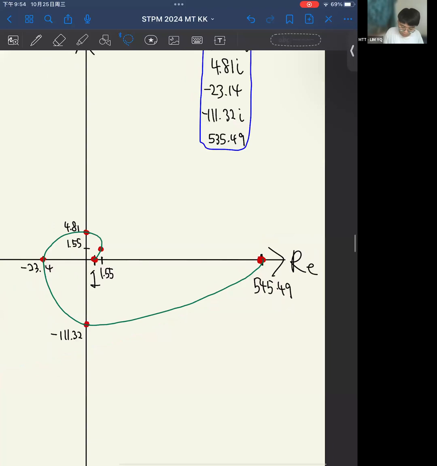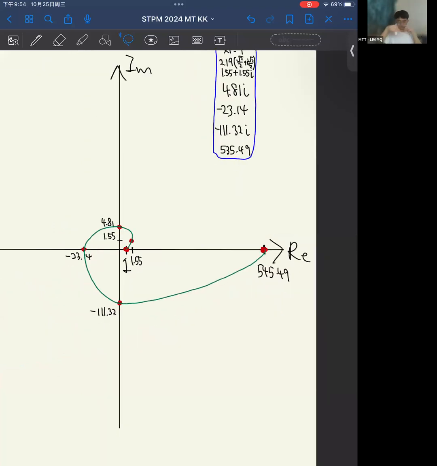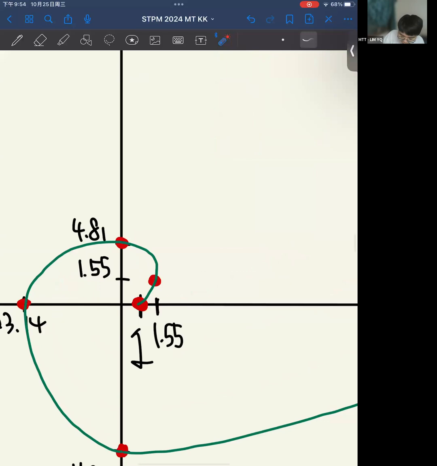So it looks like this. What is the shape? Something like this. These are the first few values. As t increases, you know that this curve becomes larger and larger. Actually, what does modulus mean? If you look here, the distance from the origin to the first point is 1.